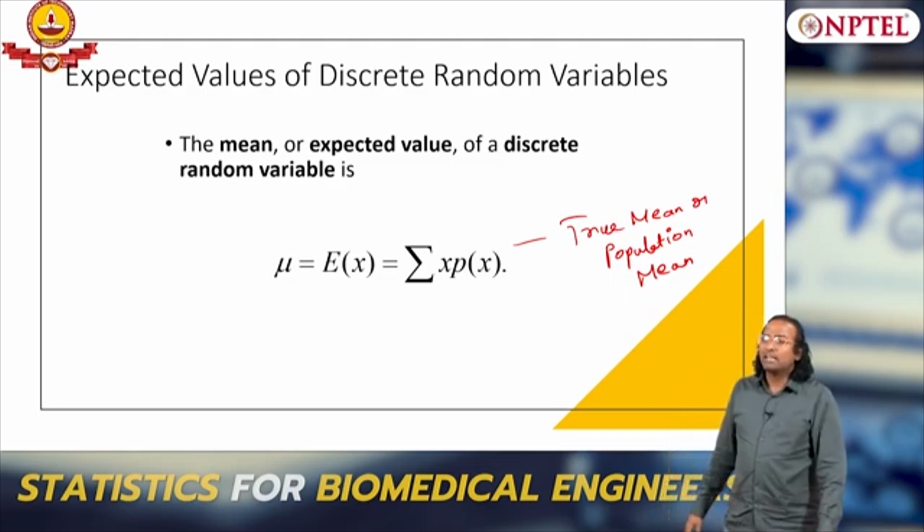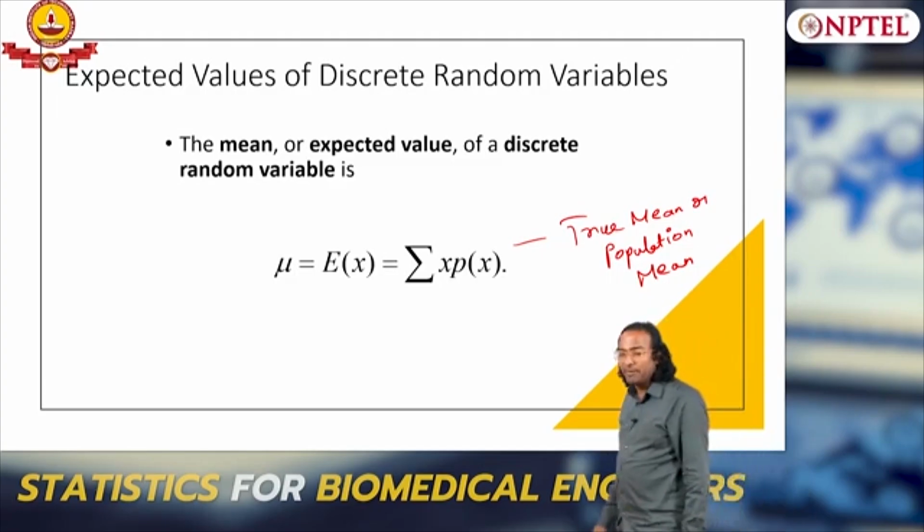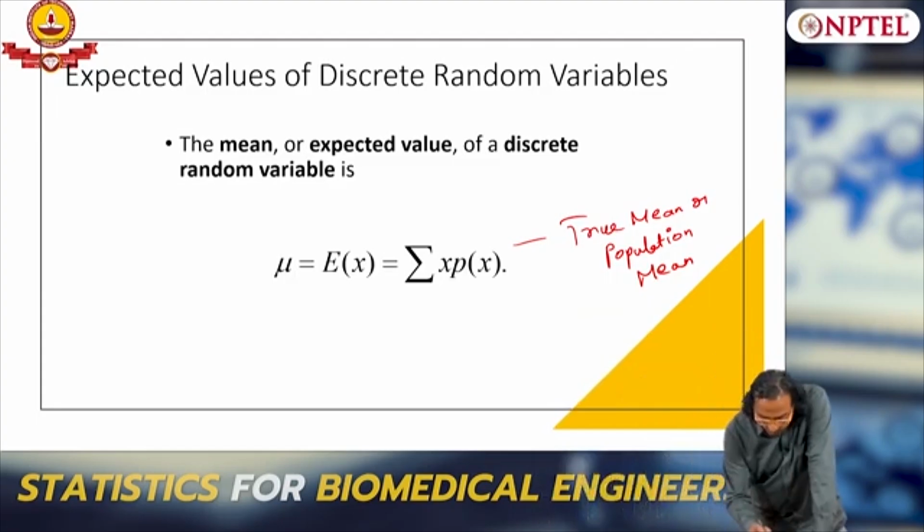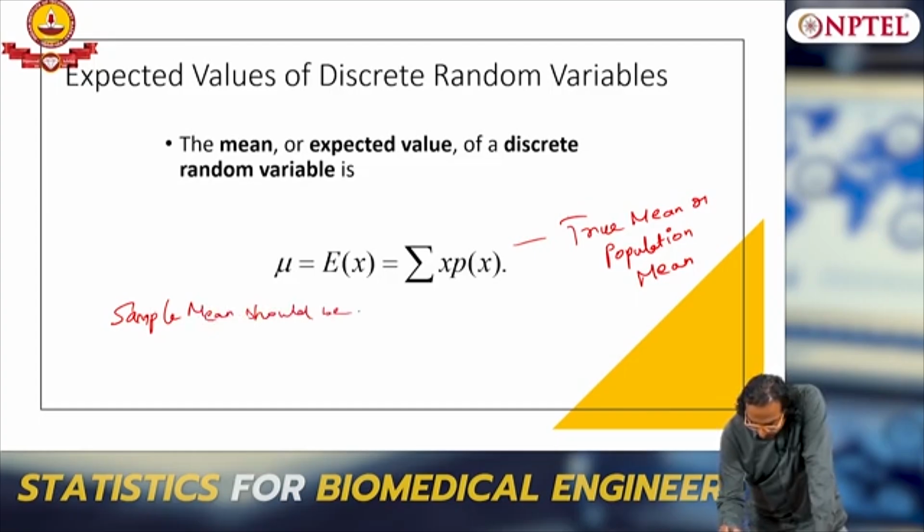What is the quantity that will be used to estimate the true mean? Sample mean. So sample mean should be an estimate of the true mean. Now what is the formula for sample mean?